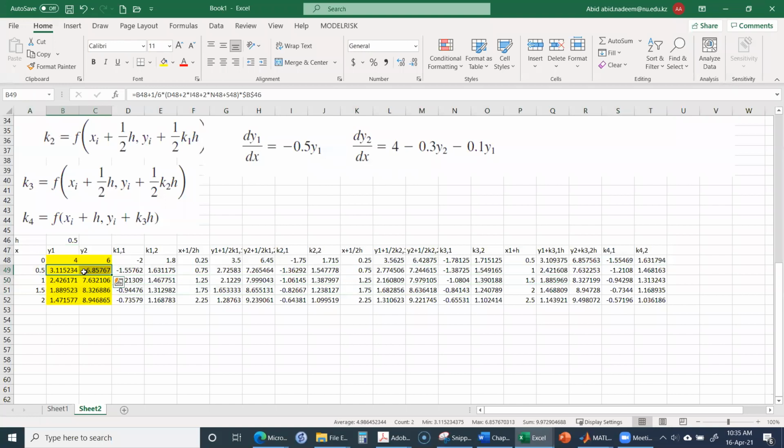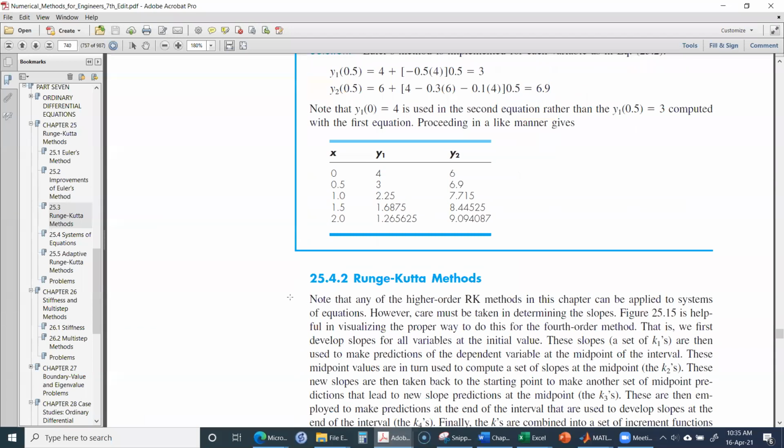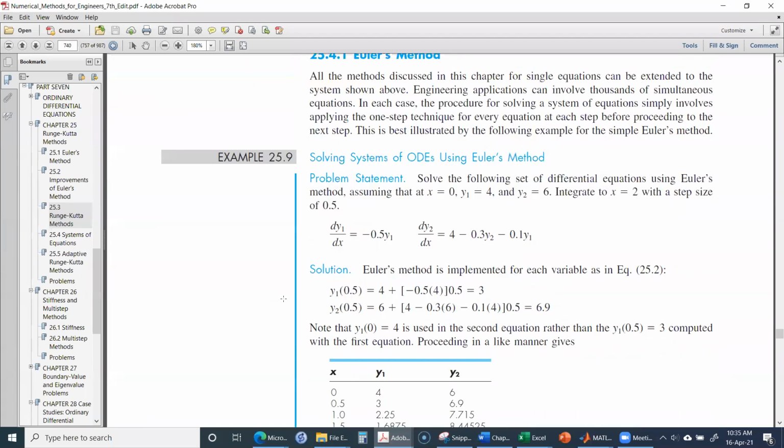The hand calculations will take more time. But here we have done it with Excel, so it is relatively simple once you set up the values, and if you want to repeat it, you can just copy and paste. So this is how you solve this system of linear equations.